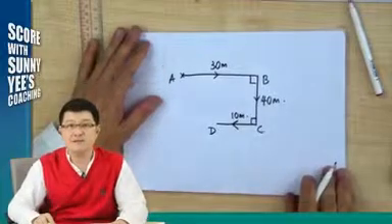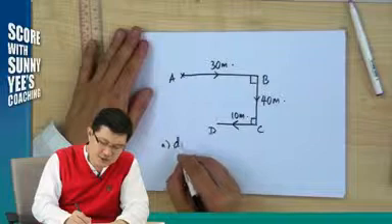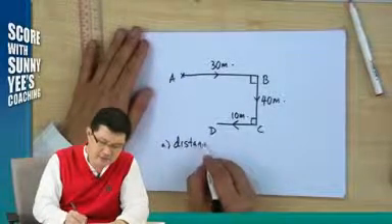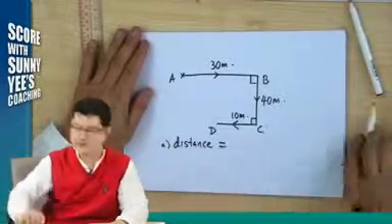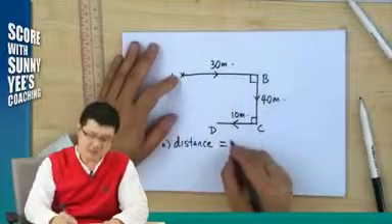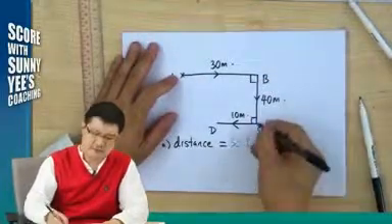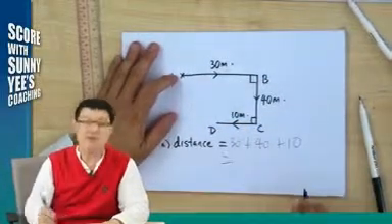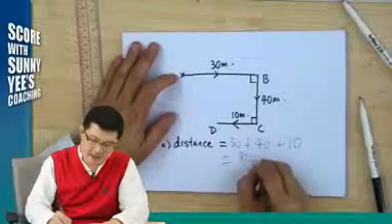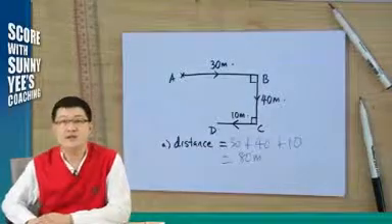Now we want to find out what is the total distance traveled. Total distance traveled is just adding up only. That is 30 meters, 40 meters, 10 meters. That is the total distance, 80 meters. Okay? Now, what is the displacement?